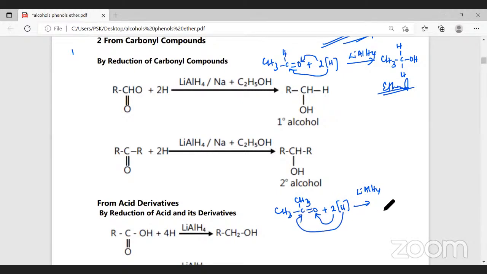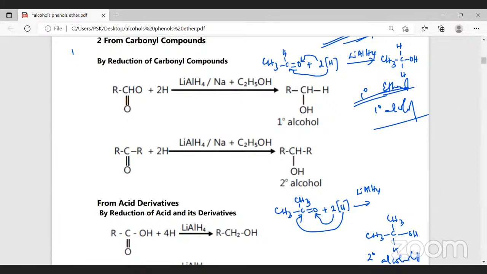So I will have CH3, CH(OH), CH3, a secondary alcohol. So when ketones are reduced, you get secondary alcohol. When aldehydes are reduced, you get primary alcohol. Aldehydes on reduction give primary alcohol; ketones on reduction give secondary alcohol. Understood this?